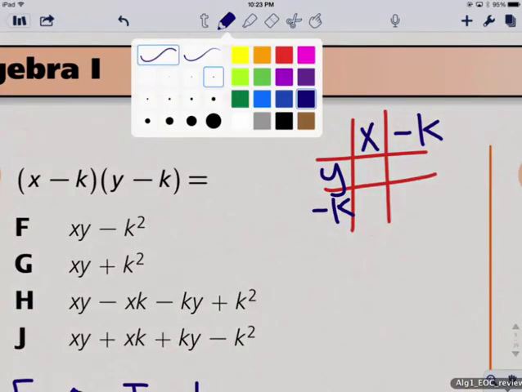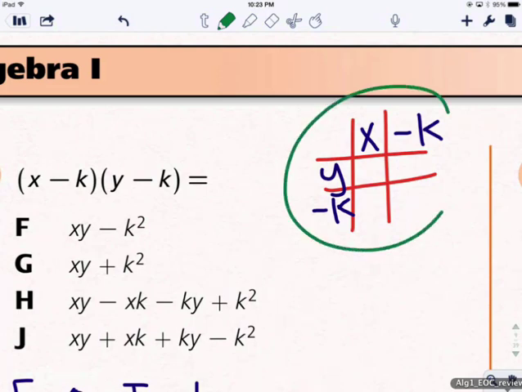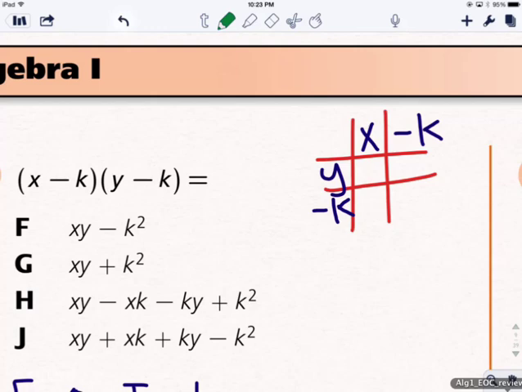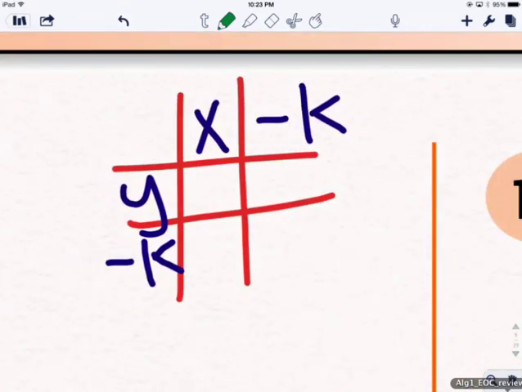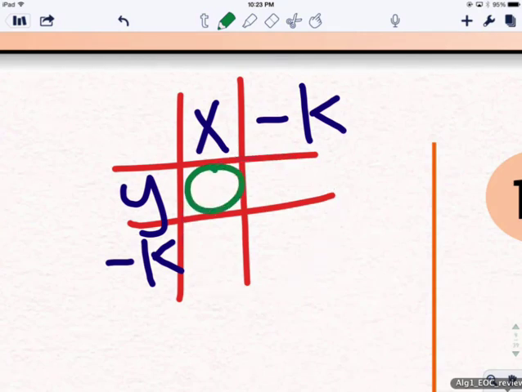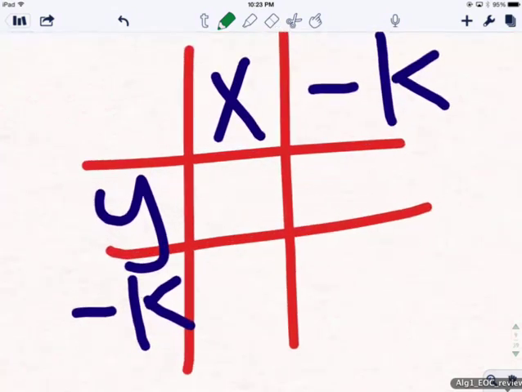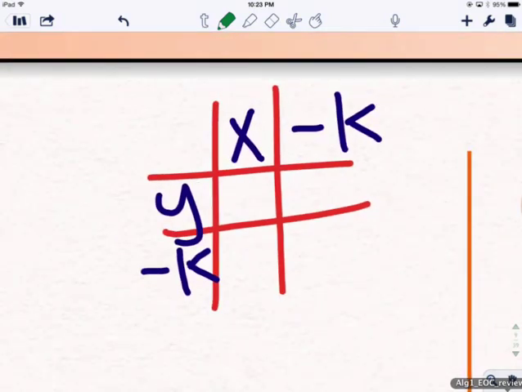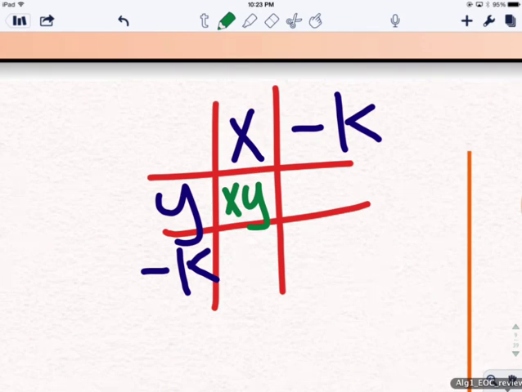Okay. Now notice how I filled out the grid. I made sure to include the signs here. So what we're doing in this area is multiplying. In this center box, this is going to be the result of multiplying x by y. Well, really the only thing we can say is that it's xy, right? Notice that I put the x in front of the y. That's just standard. You write the letters in alphabetical order if you're multiplying letters.